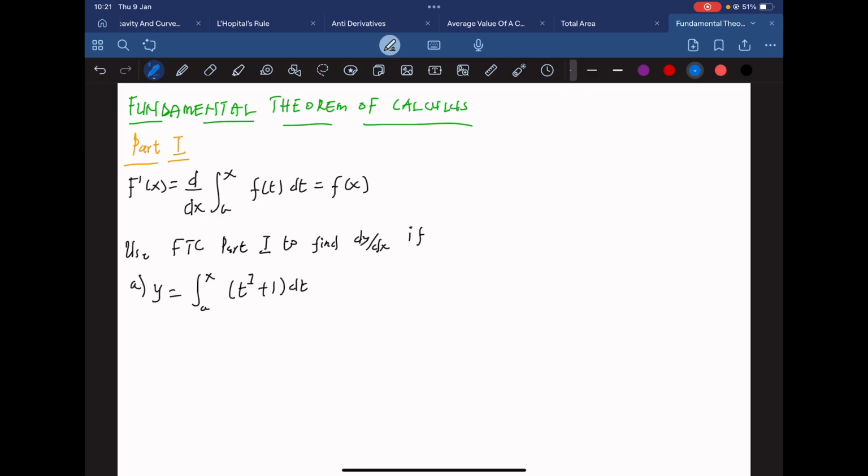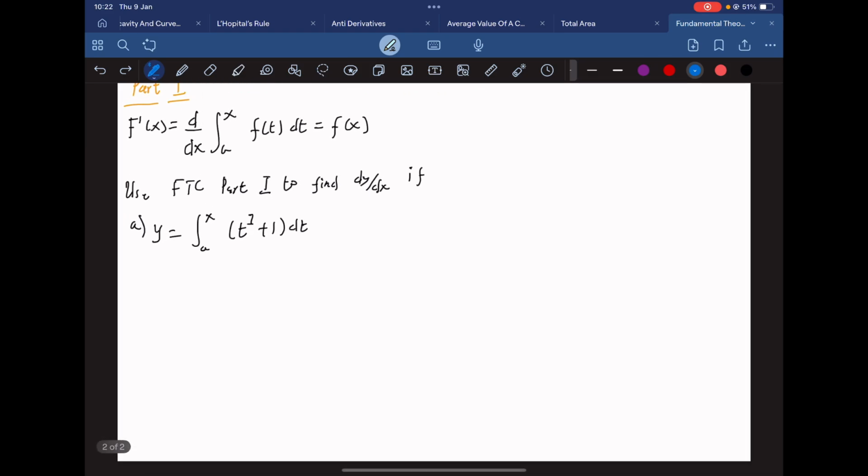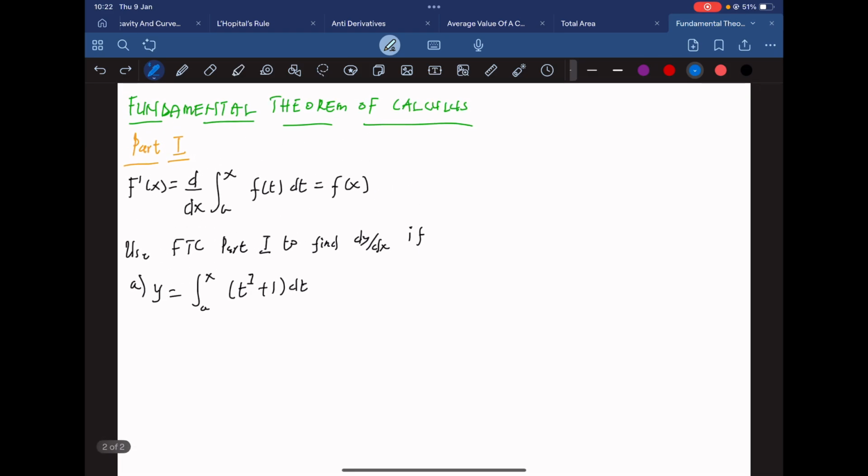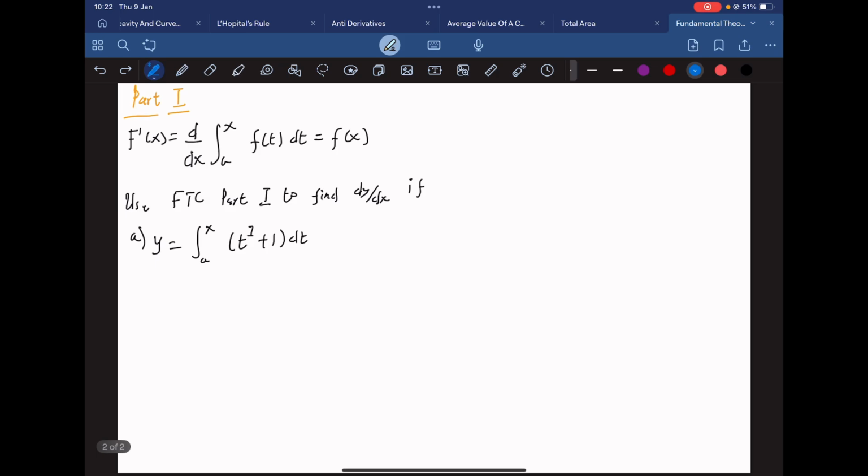So the Fundamental Theorem of Calculus Part 1 is basically used to differentiate integrals, right? So for instance, we have to use the Fundamental Theorem of Calculus Part 1 to differentiate this integral right here. Please follow this carefully.